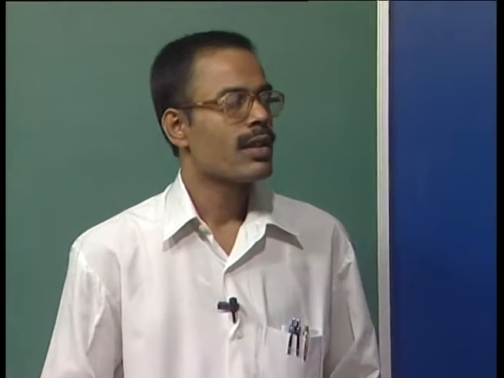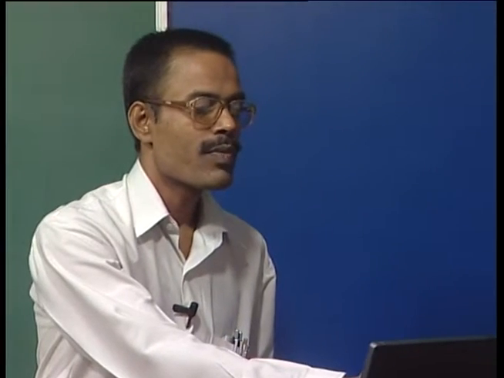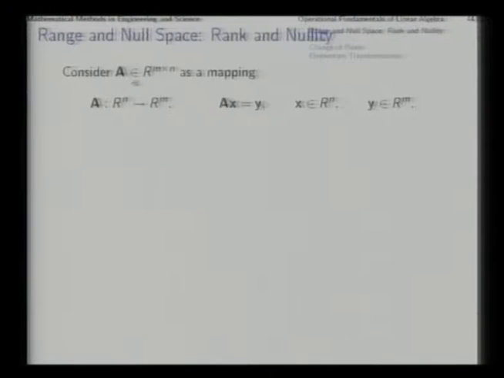To start with, consider a mapping A from Rn to Rm. The matrix A will be of m by n size, which will be something like this.